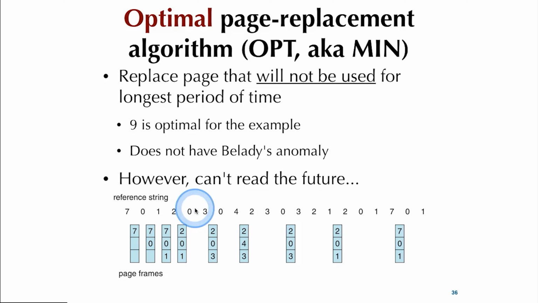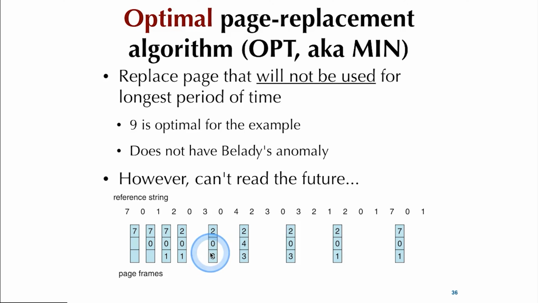So like in this case, 7, 0, 1 you fill up, and then 2, well, why replace 7? Well, because 7 is not going to be used until so much later, right? But then 0 and 1 are going to be used earlier than 7. So 0 is used, and then 1 is going to be used much later. Well, 1 is used here, right? And then 0, and here there's a 3 that comes in.